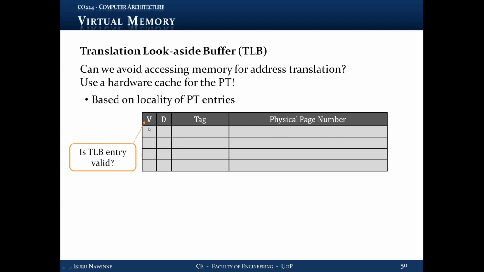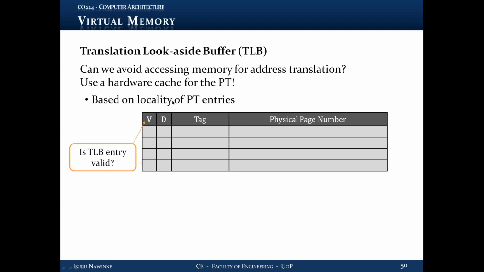So whether this entry is valid is indicated by this valid bit here. The dirty bit is the same as before. Then you need a tag as well, the virtual address tag. Sorry, that's the virtual address tag. And the address translation, the physical page number.